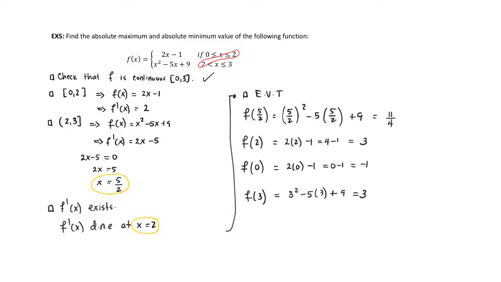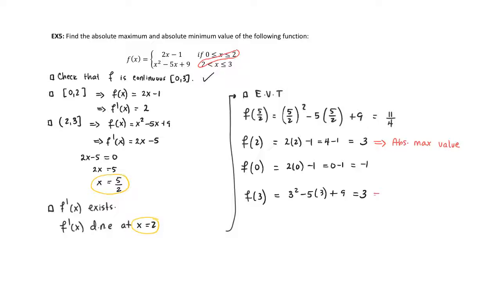The highest y value that I see here is 3, and also here 3 repeats. That happens when x is equal to 2 and when x is equal to 3. So then this is going to be over here the absolute maximum value.